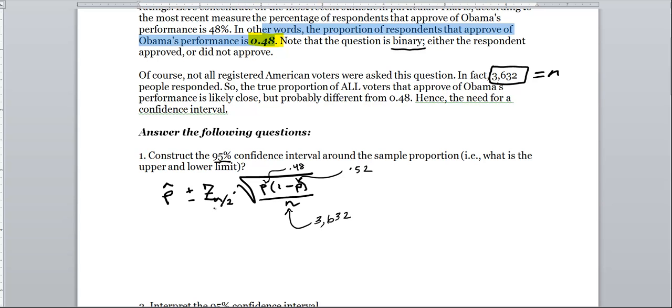That's our sample size. And the z for a 95% confidence interval is 1.96. My sample proportion, of course, is 0.48.